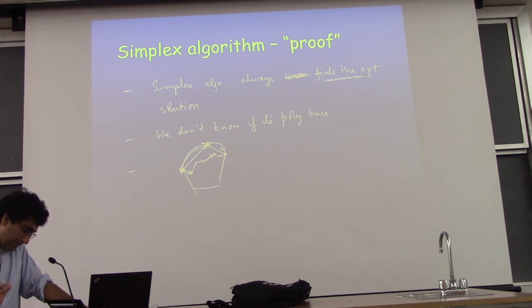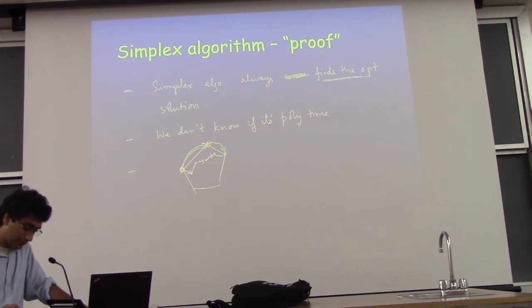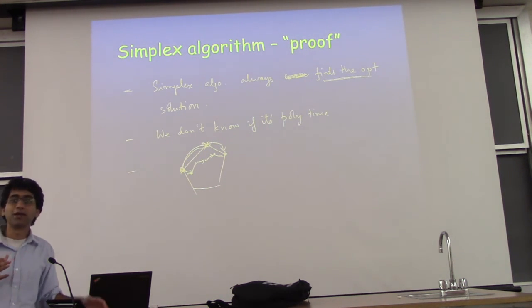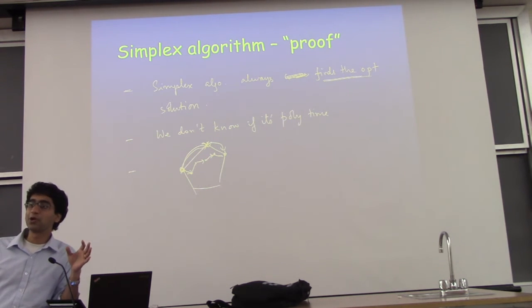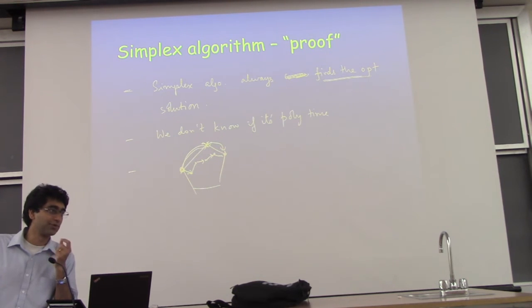So these are some comments that I wanted to make. And as I said, in this part of the course, I want you to get a sense of what's going on rather than the full details. That's why I'm not going into the details of the simplex algorithm.